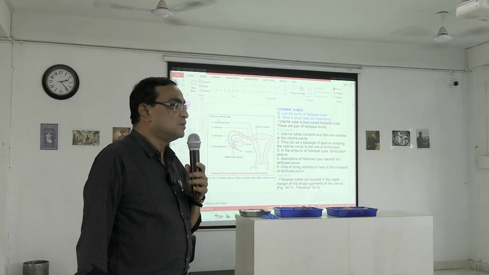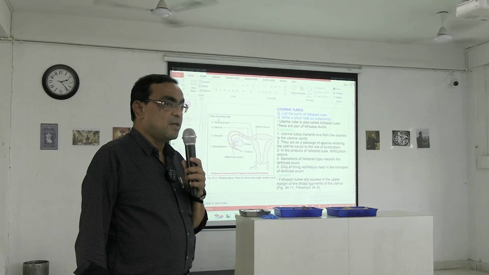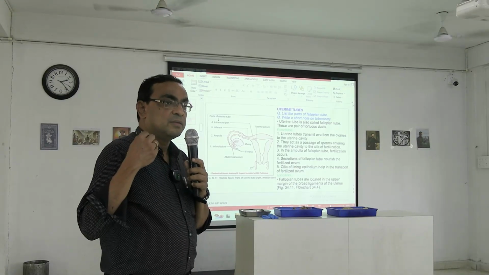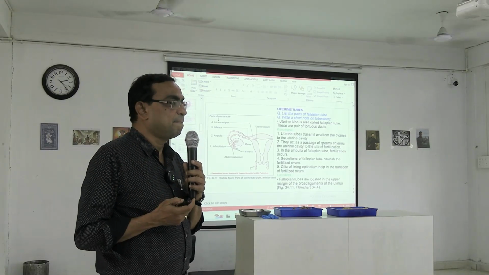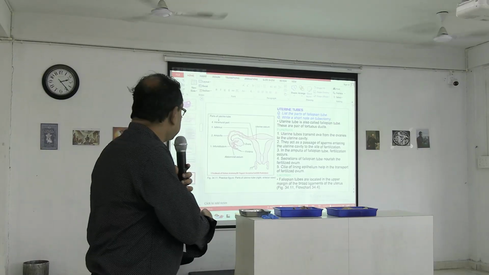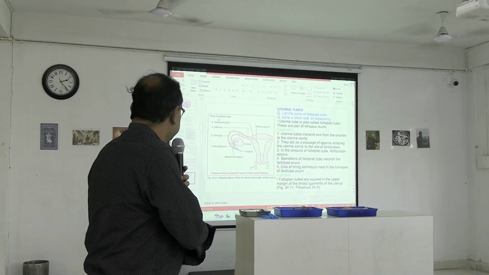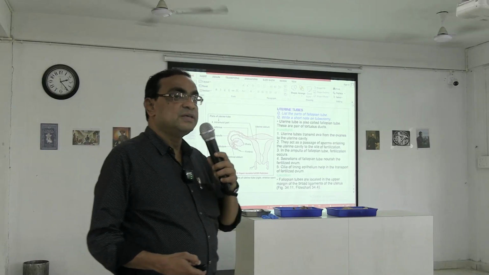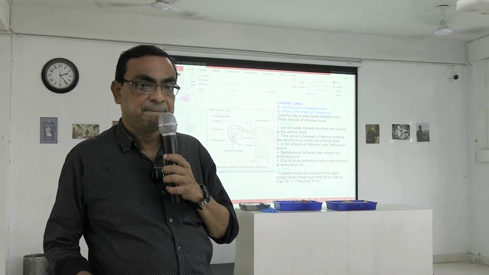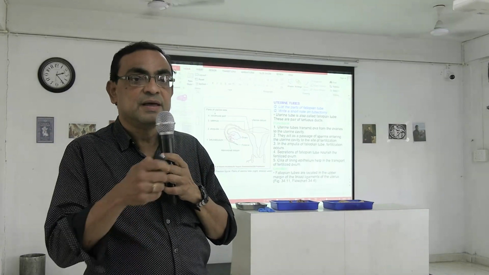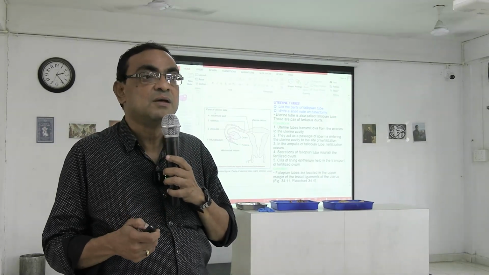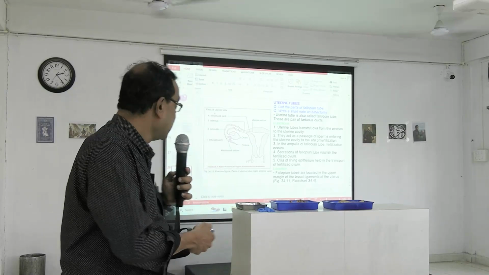The uterus has got different layers. There is a myometrium, and it is covered with a peritoneum. It is called perimetrium, and the muscular part is called myometrium.